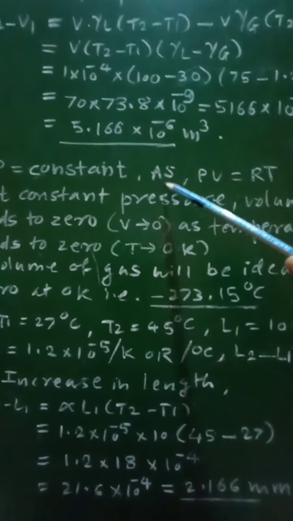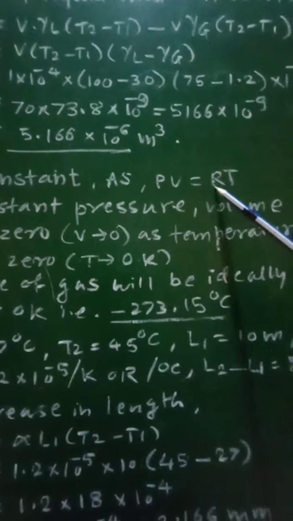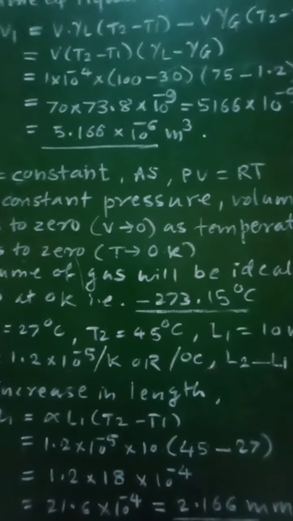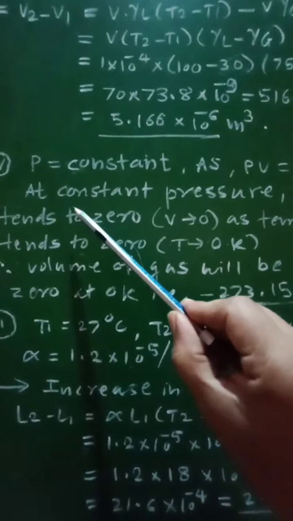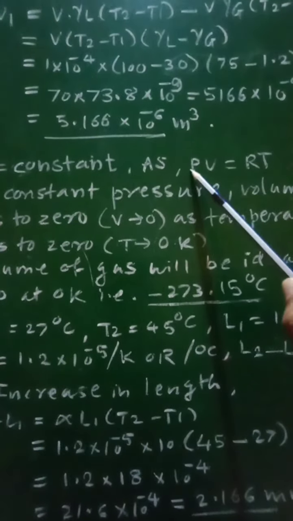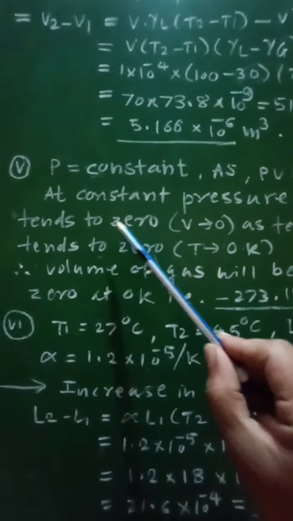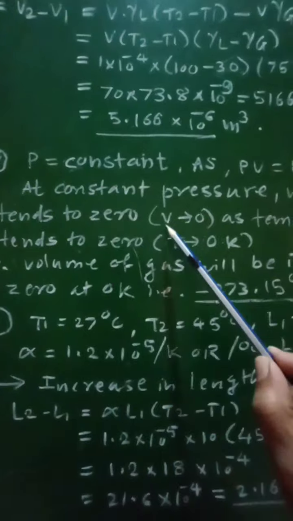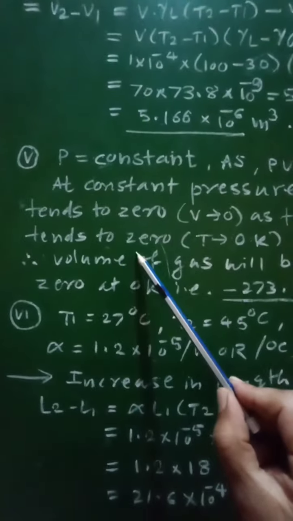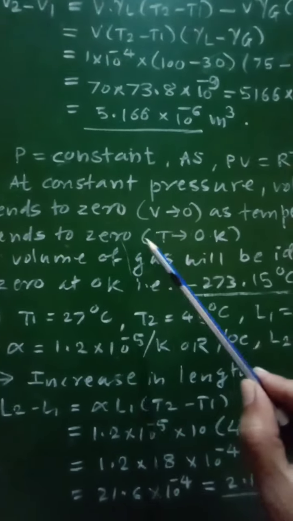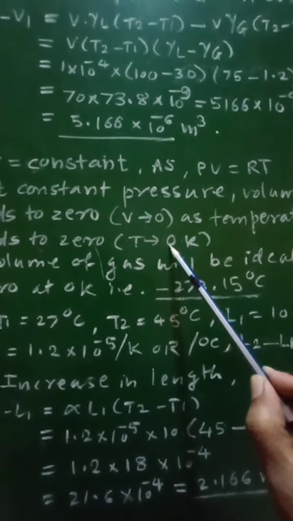Now we know, according to the ideal gas equation, PV is equal to RT for 1 mole of gas. Now from this equation it is clear that at constant pressure, the volume tends to 0, that is V tends to 0 as temperature tends to 0, that is 0 Kelvin.